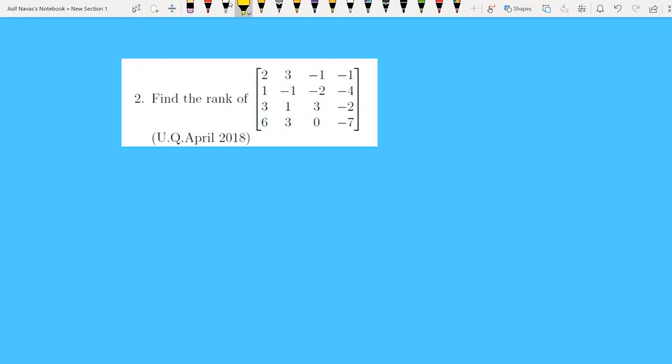Find the rank of the matrix. This is the matrix, and this is a university question from 2018. Now we want to find the rank. In order to find the rank, first we have to convert it into row echelon form. So I am calling this matrix A, and we will write that matrix.